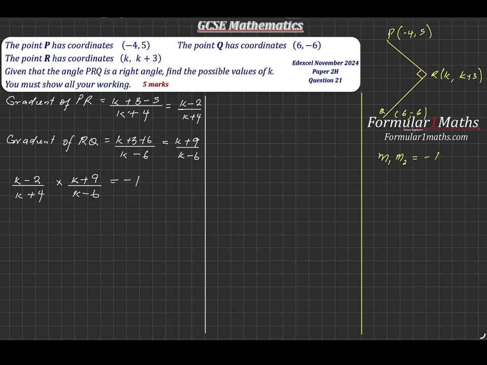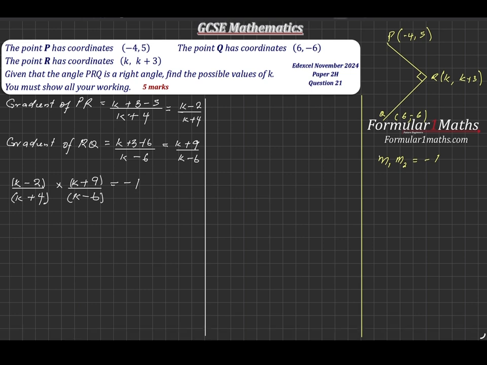So if I put brackets around them and expand, I'm now going to do my quadratic expansion for both the numerator and the denominator. So let's do that. k minus 2 times k plus 9. If I expand this, I get k squared plus 9k minus 2k minus 18.